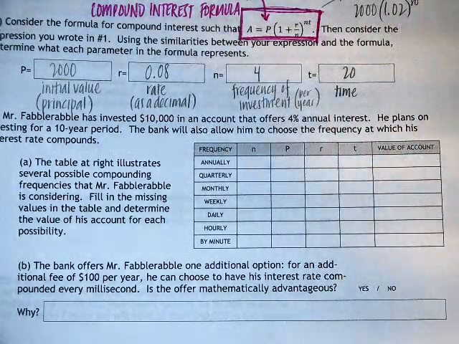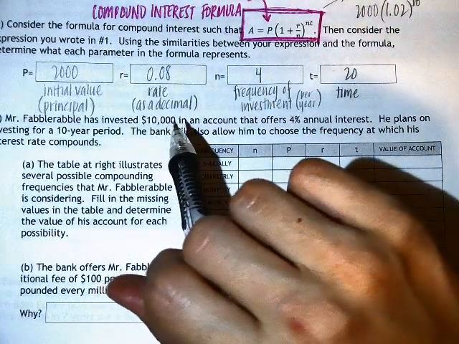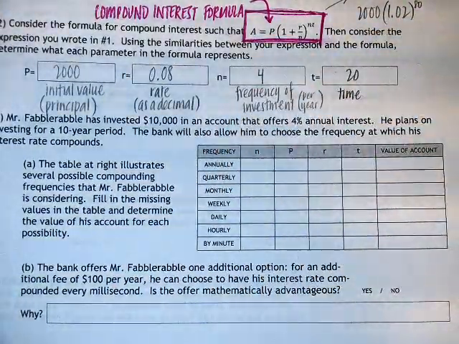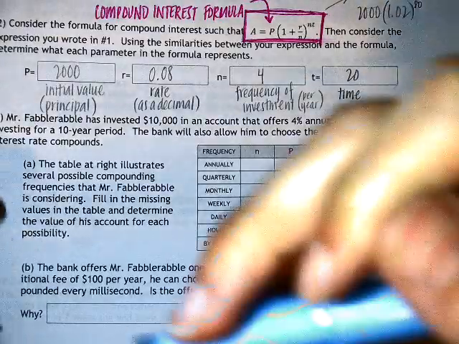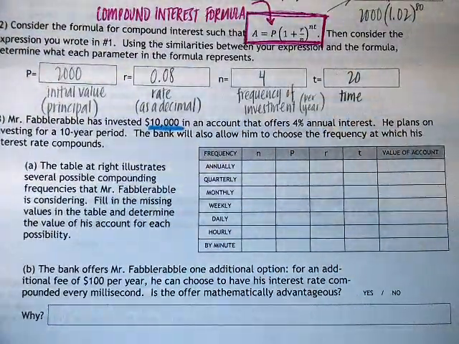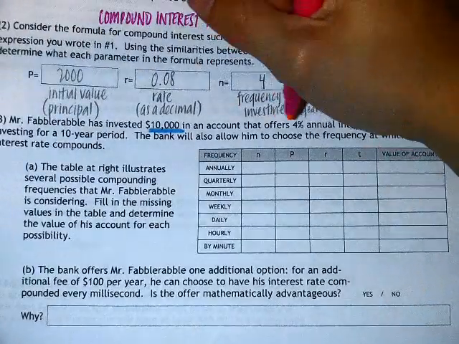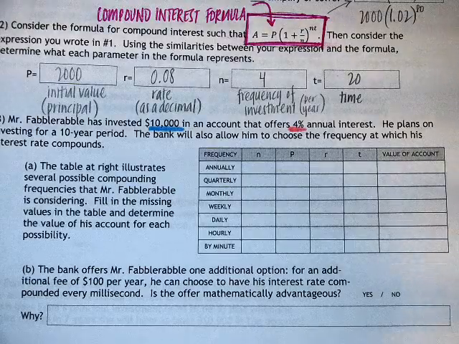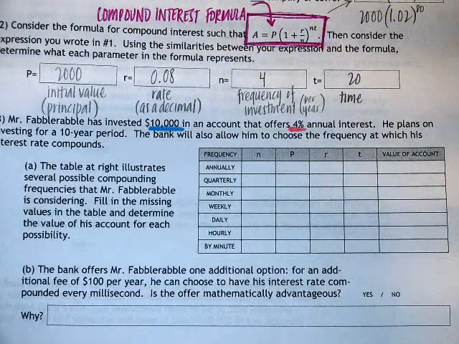Now in question number 3, we have a $10,000 investment, 4% annual interest. So those two quantities are basically going to be kind of fixed for us. No matter what we pick, we're going to get $10,000 initially invested, and it's going to have a 4% interest rate for sure. We're going to invest for a 10-year period.